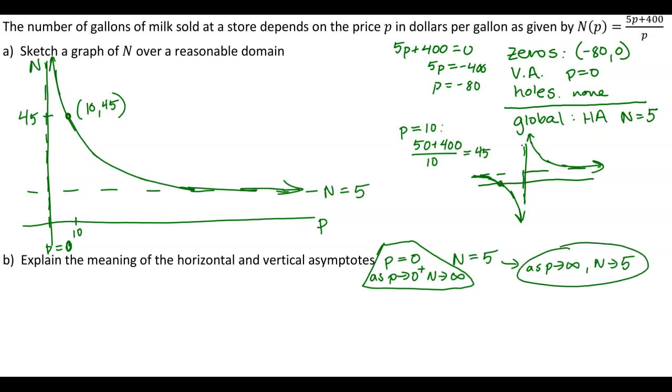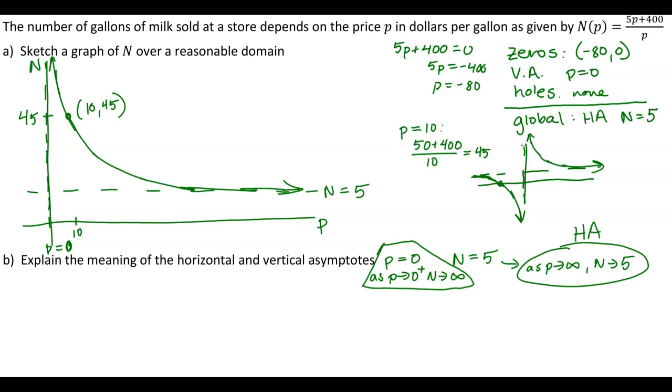For the horizontal asymptote, that's saying as p gets really, really big, n drops to 5. So this is saying as you raise the price more and more and more, the number of gallons demanded drops off to 5, but then it kind of sticks there, right? It's not dropping below 5. So again, you can't really charge infinitely much for milk, but I still think we're getting some good meaning out of this.